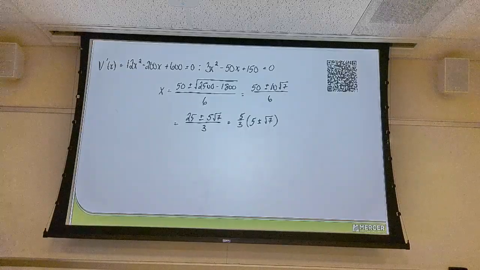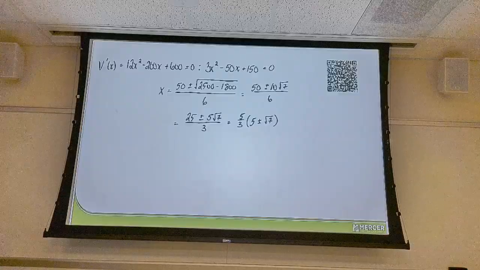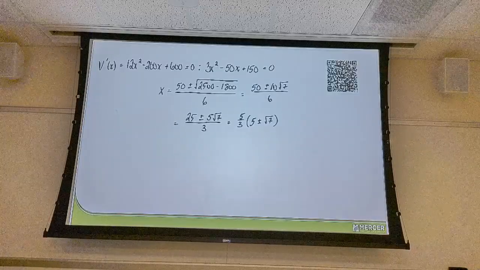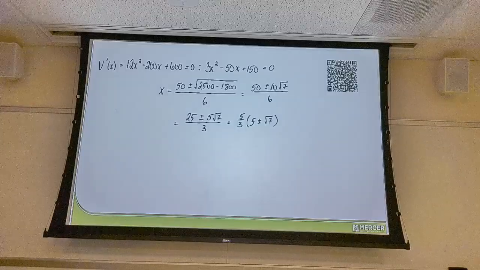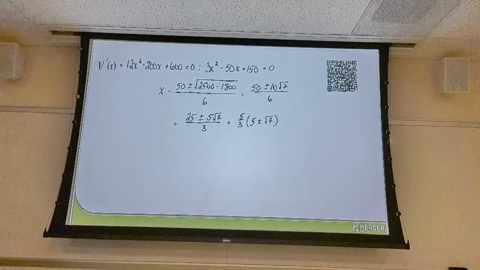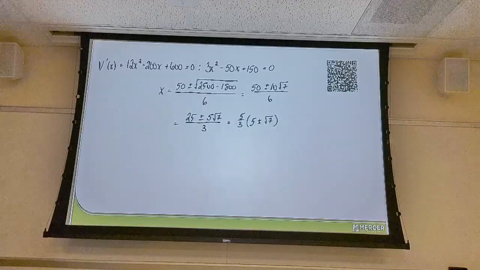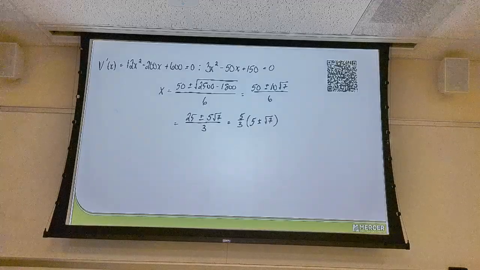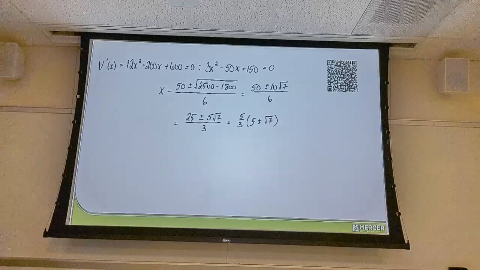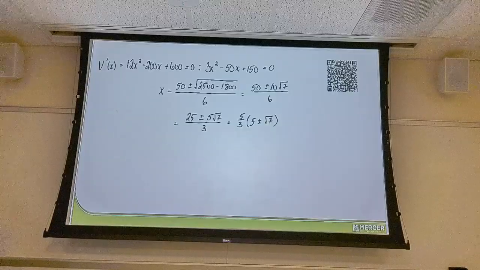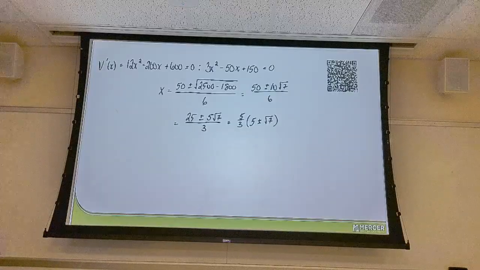Maybe we can do a quick numerical check. So root 7 will be somewhere between 2 and 3. Let's just go in the middle and say 2.5. 5 minus 2.5, 2.5 times 5, 12.5 divided by 3.